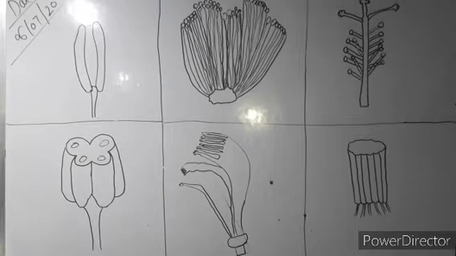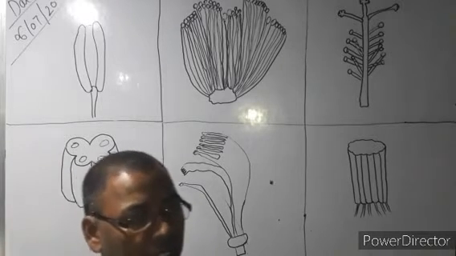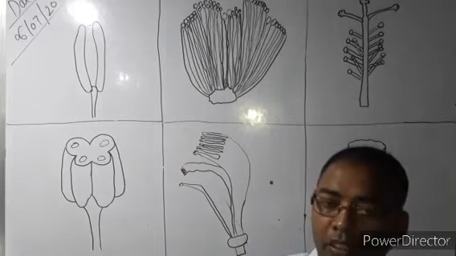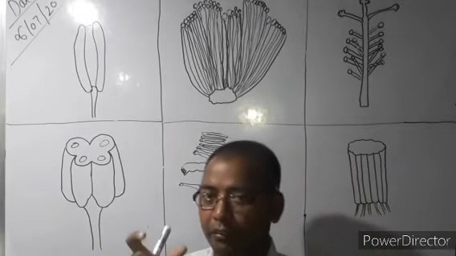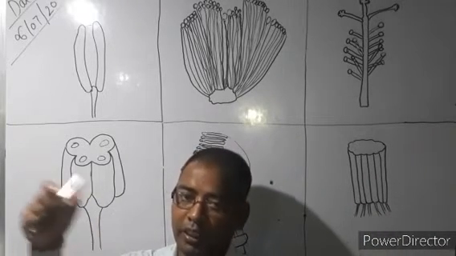Each stamen has a cylindrical flexible stalk known as the filament, which supports the anther at its other end. The anther is connected to the filament by the connective.